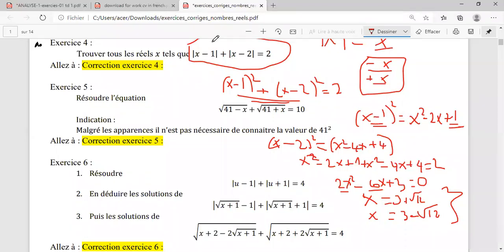TK, you had your hand up? Is that the final answer? 3 plus the square root of 12, and then 3 minus the square root of 12. I'm not with the calculator right now, so I can't really tell what value you get for square root of 12. But when I solved, I got something else, but I'm not sure.